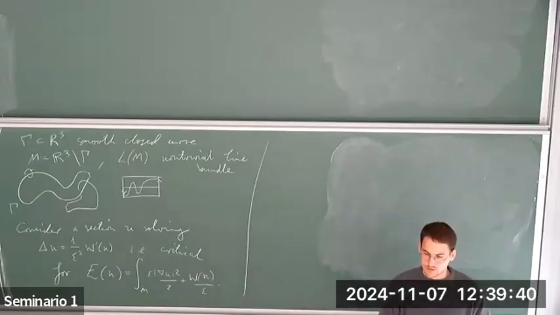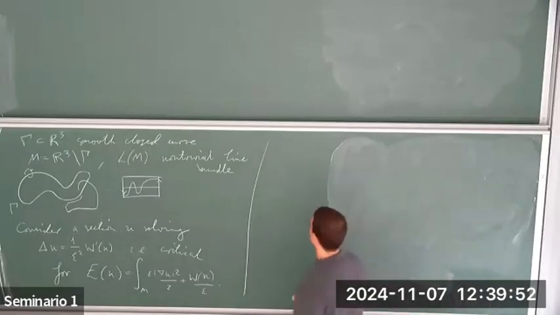But first I want to just quickly finish the discussion we were having yesterday about the monotonicity of the rescaled energy in balls, because this will play an important role in the analysis today.